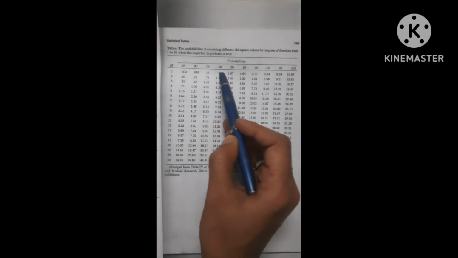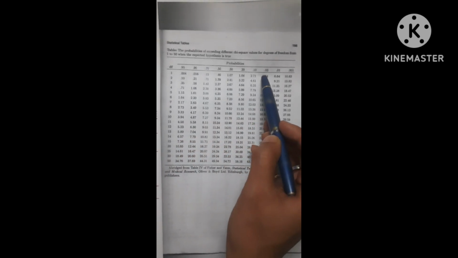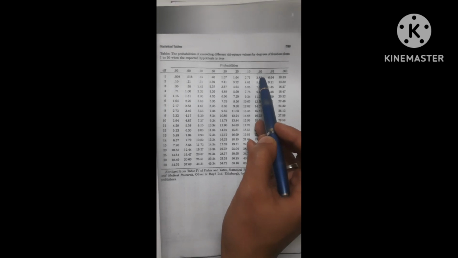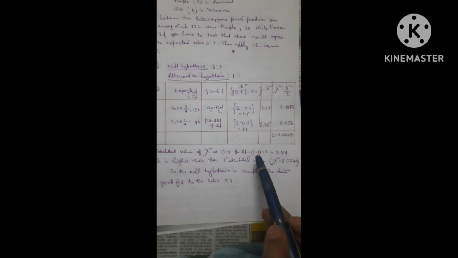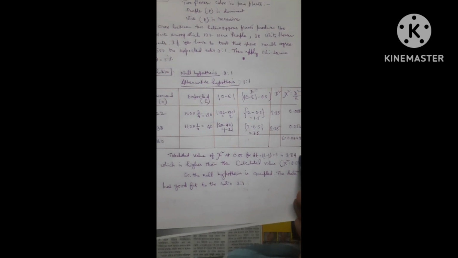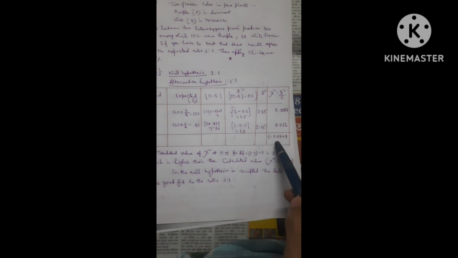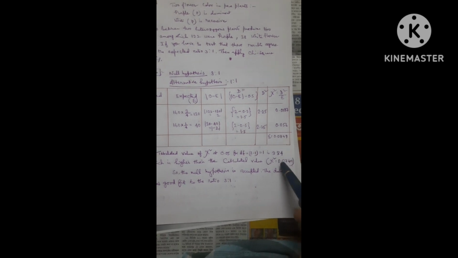So your tabulated value is 3.84, for degree of freedom 1. Okay, right. So your tabulated value is 3.84 and your calculated value is much lower, 0.0749, much lower.